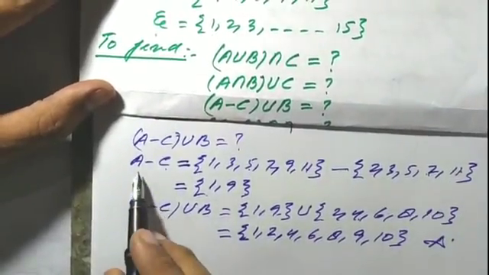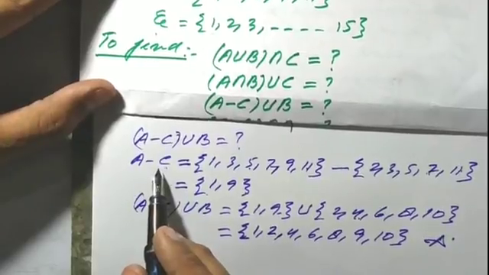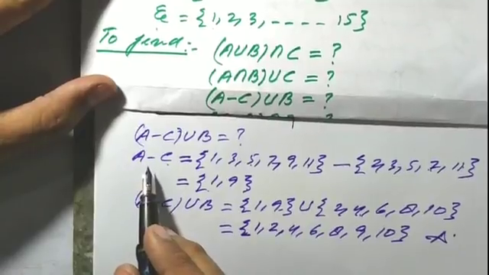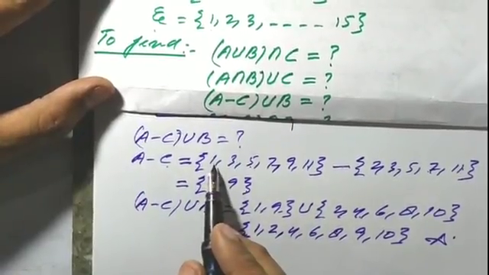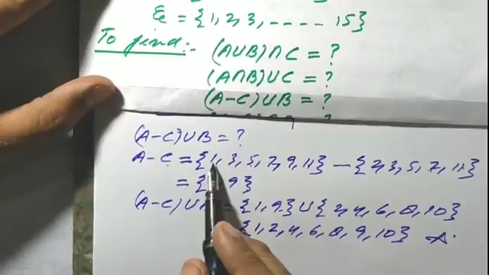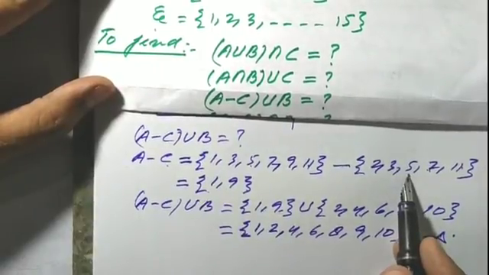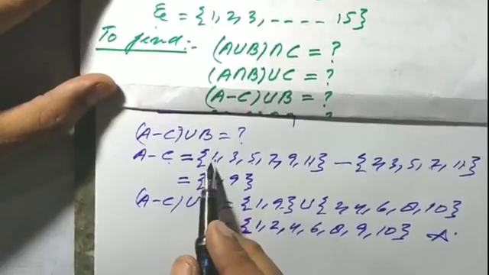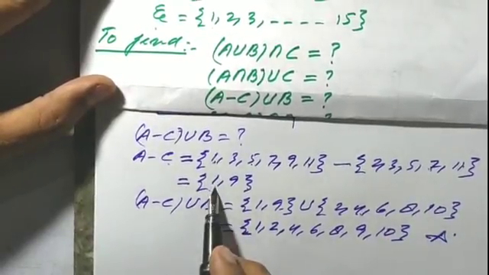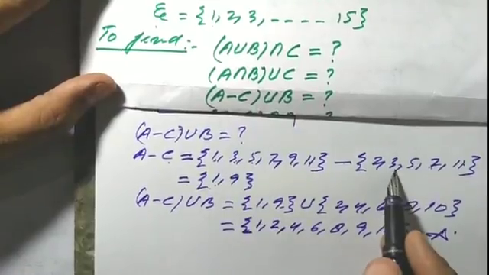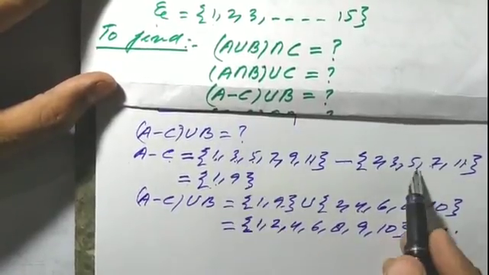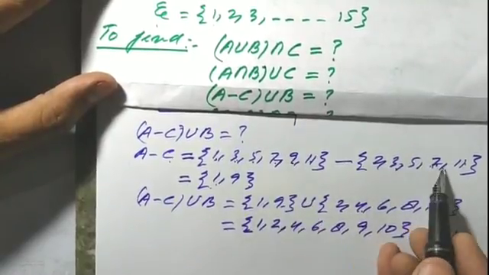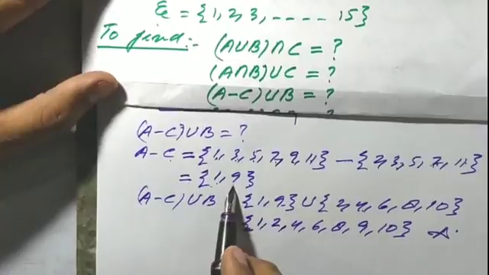And as you know, A minus C is the set which contains all the elements of set A which are not in C. So we have to take all those elements of A which are not contained by the set C. So first we check the first element of A. 1 is not there in C, so we have to take 1. 3 is there, we have to skip. 5 is there, we have to skip. 7 is there, we have to skip. 9 is not there in C, so we have to include 9.